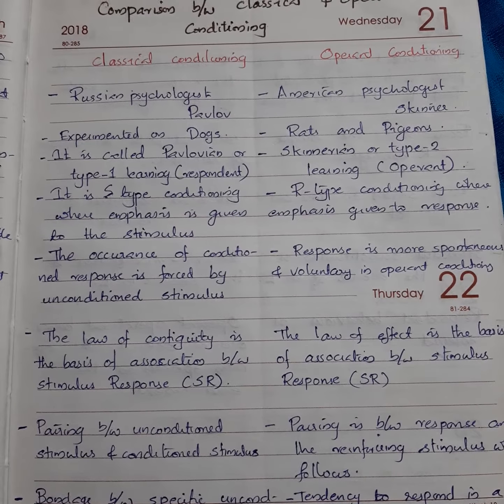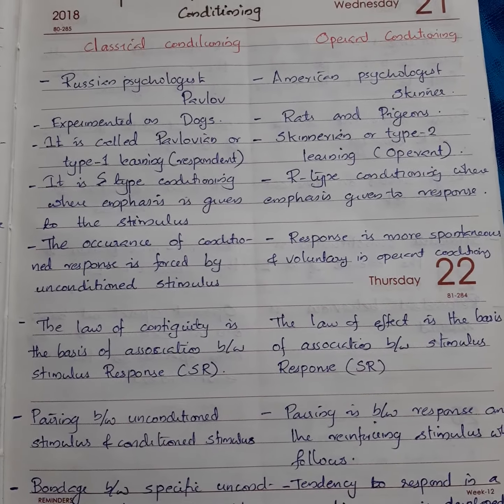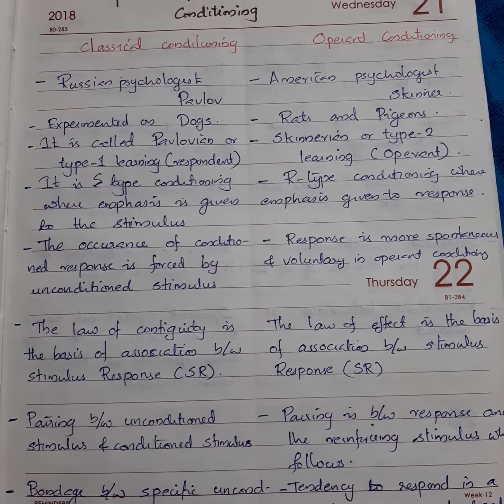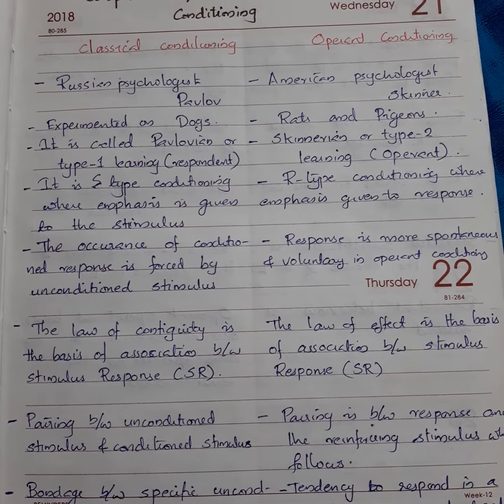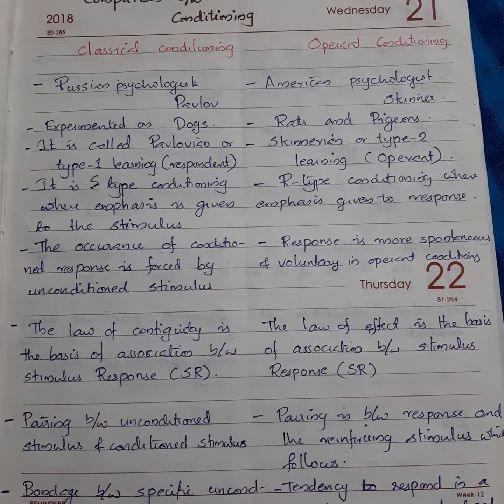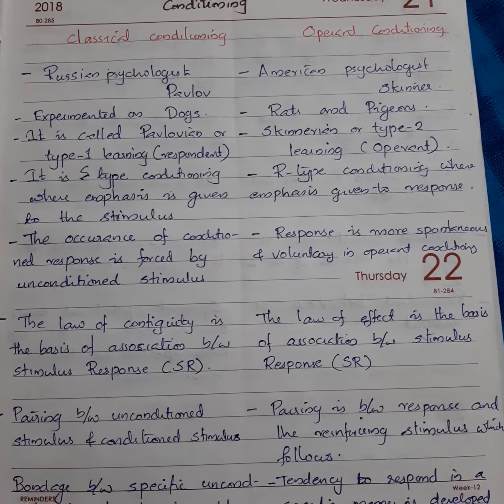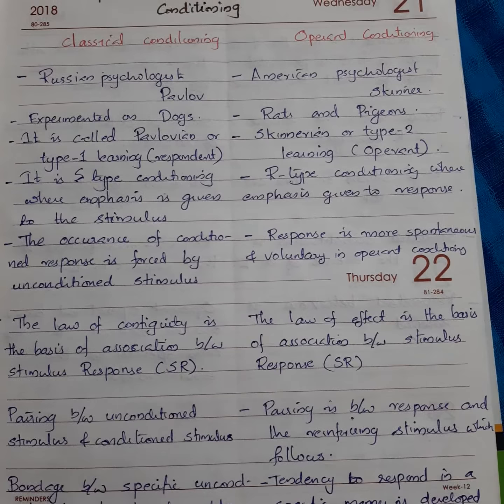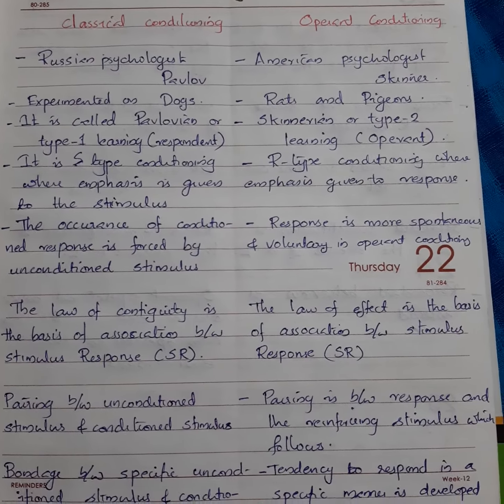In classical conditioning, the law of contiguity is the basis of association between stimulus and response, whereas in operant conditioning, the law of effect is the basis of association.